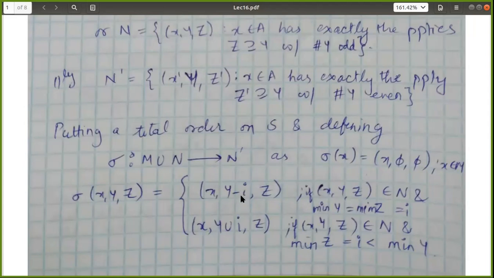So from odd, it has gone to even. Yes. And y was already a subset of z because here itself it was true. Now you have taken one element off from it. So y minus I is still a subset of z. So x, y minus I, comma z is a triple in N prime. Is that right?